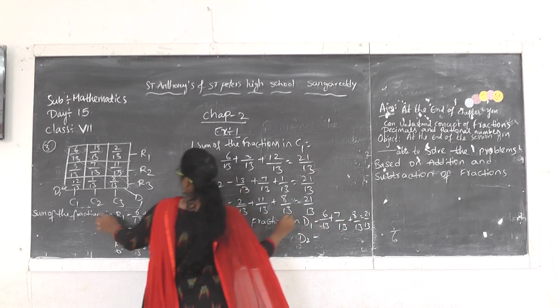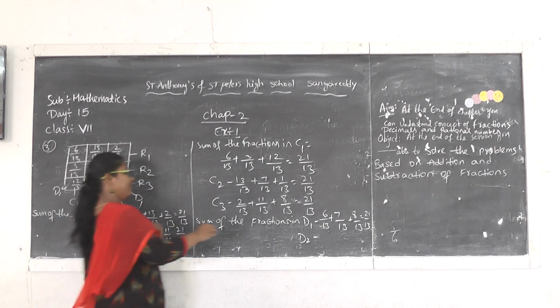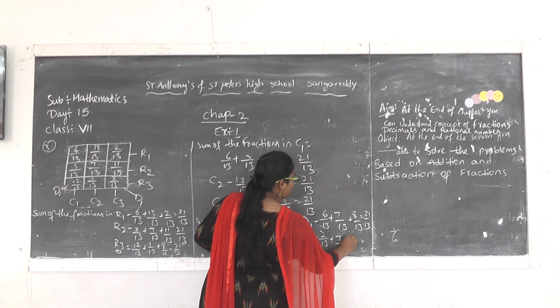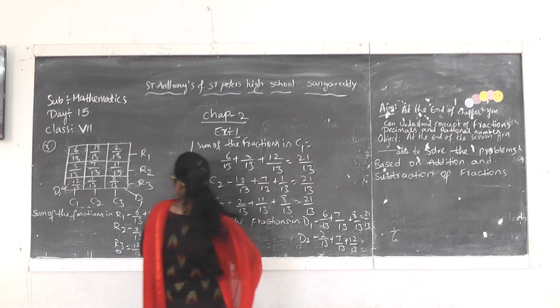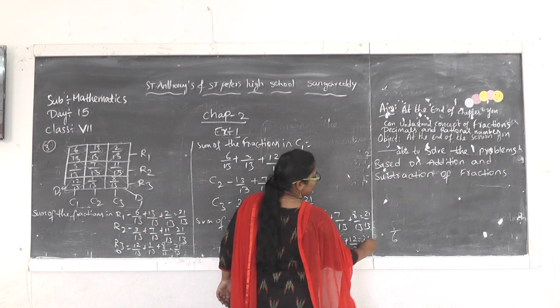In diagonal 2, this is diagonal 2. 2 by 13 plus 7 by 13 plus 12 by 13. Yes, 2 plus 7, 9, 9 plus 12, 21 by 13.